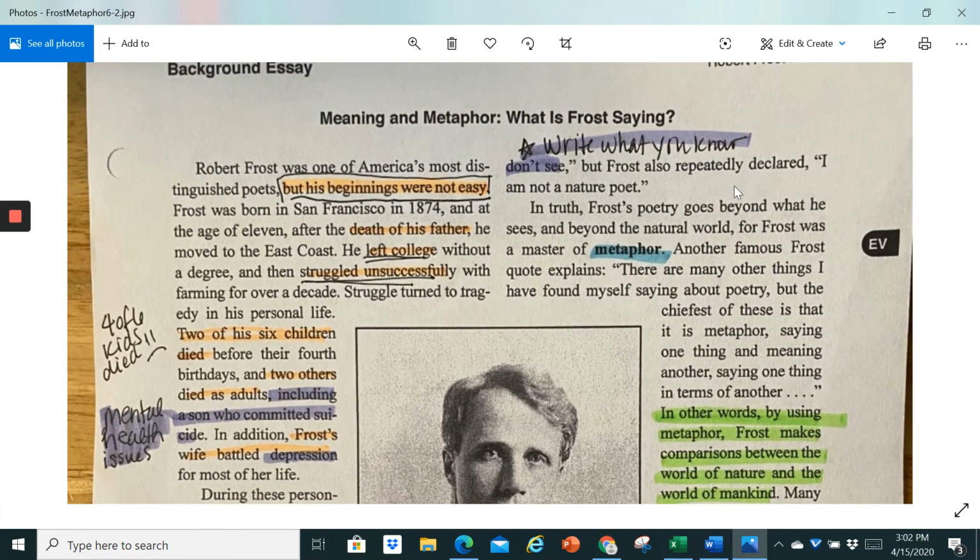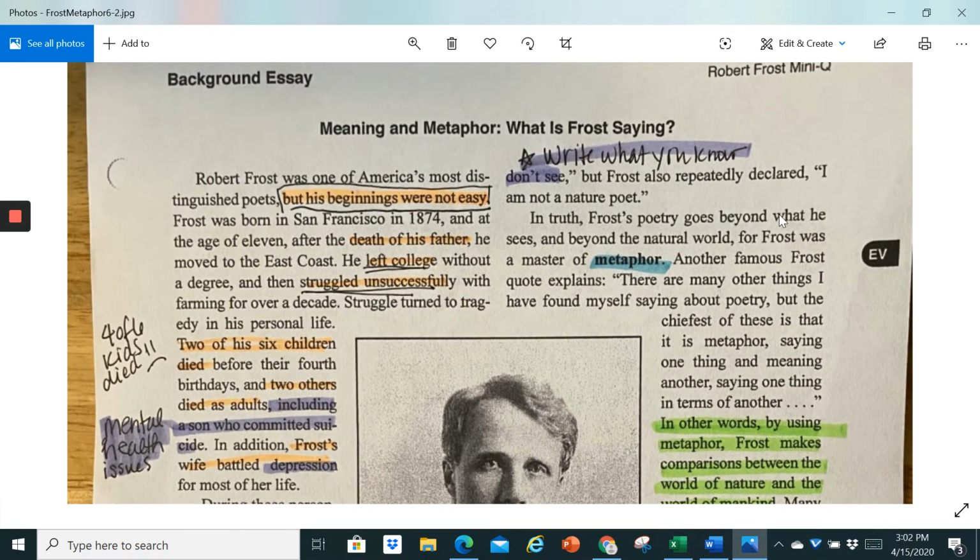So Frost came out and said he doesn't like to write it if he hasn't seen it. He only writes things that he has personal experience with, which is a really good thing for us as readers, because even though he uses a lot of metaphors, we can figure out what he's really talking about because we know that he writes about his own experiences.